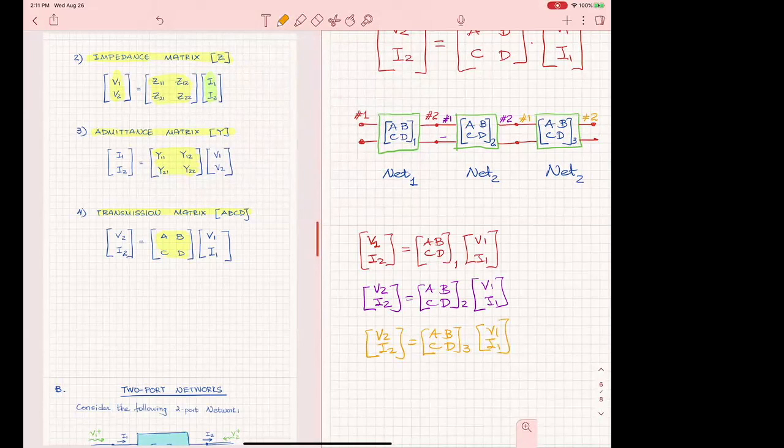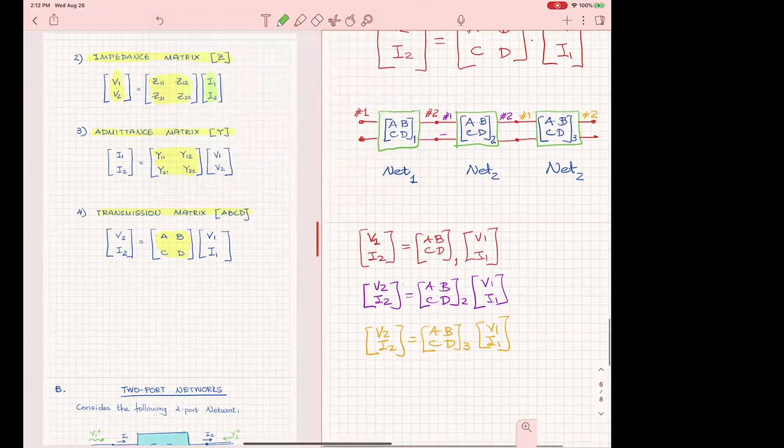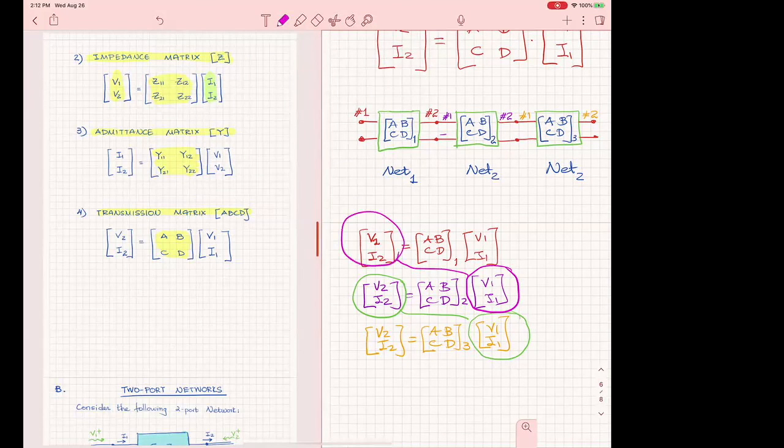But then what do we find, the way we have cascaded those? We found that this vector is identical with this one. V2 here is this one, and then we found that V1 here is identical with this one, okay?